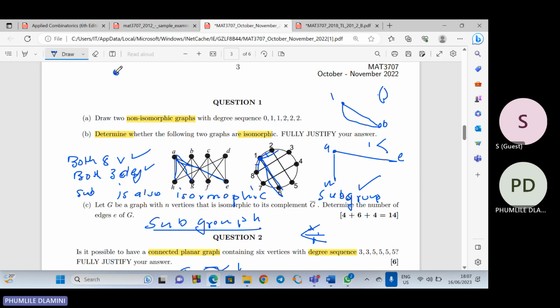You can have 1, 1, 1, 2, 2, then with another one here, the 0. That is the first one. You can also have 1, 1, 1 like this way, and also the 2, you can write 1, 2, 3, not connected. So those are two non-isomorphic graphs.